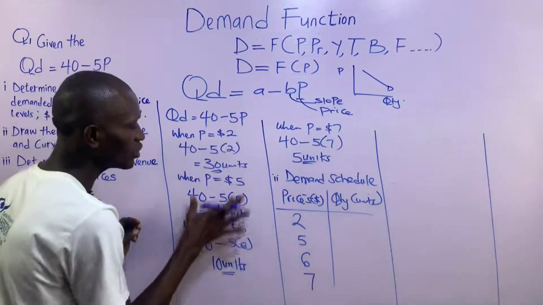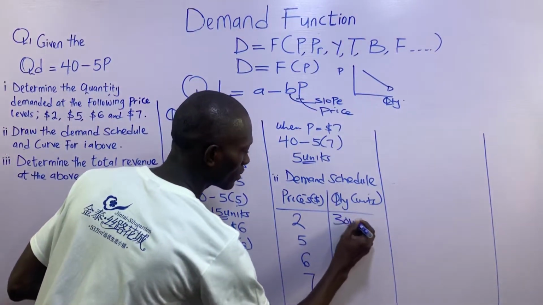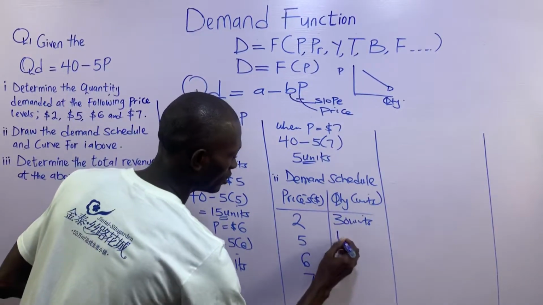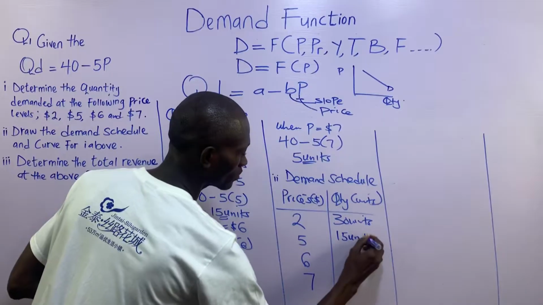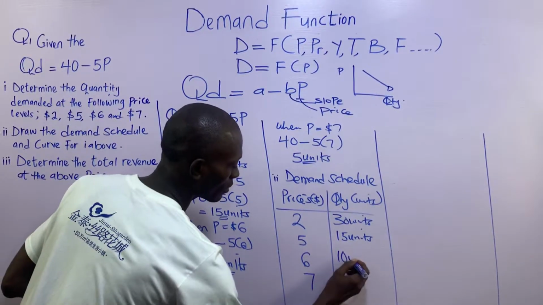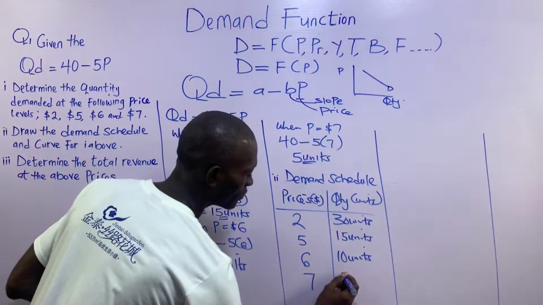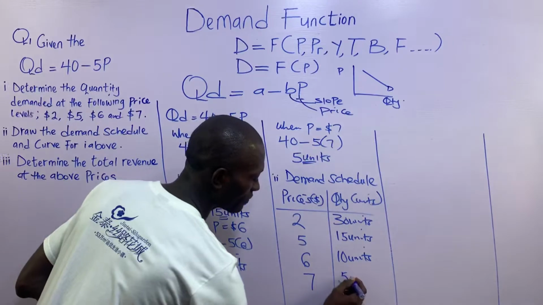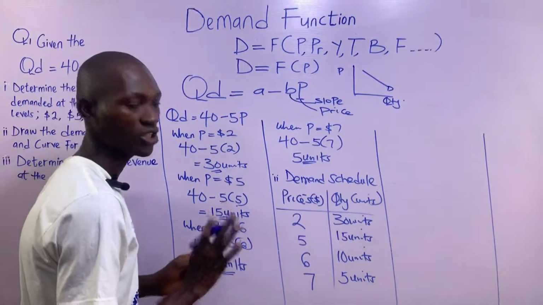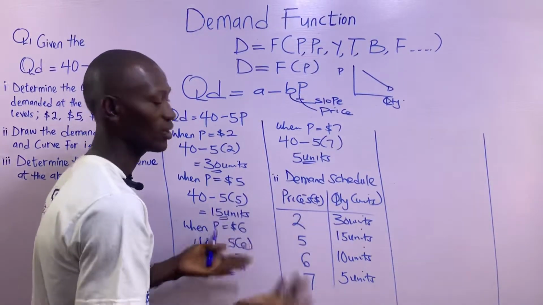The respective quantities demanded are 30 units, 15 units, 10 units, and lastly 5 units. So this is a typical demand schedule. It simply shows the relationship between prices and quantity demanded.